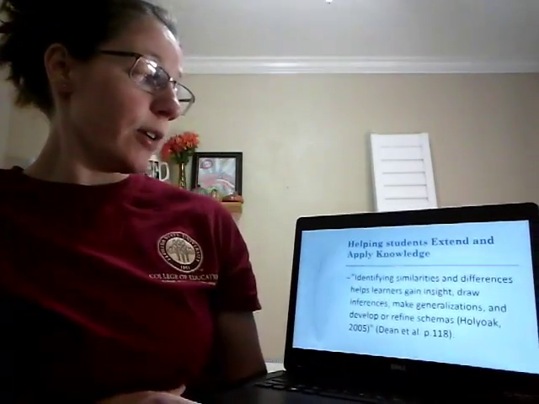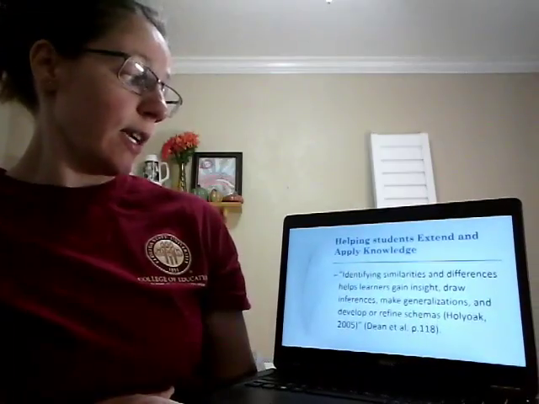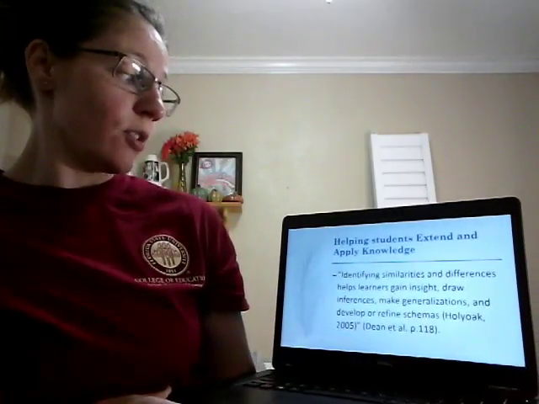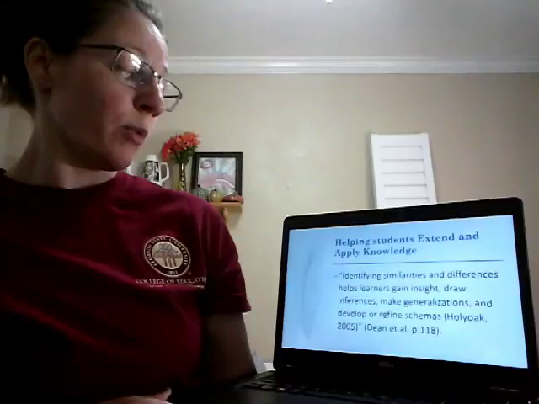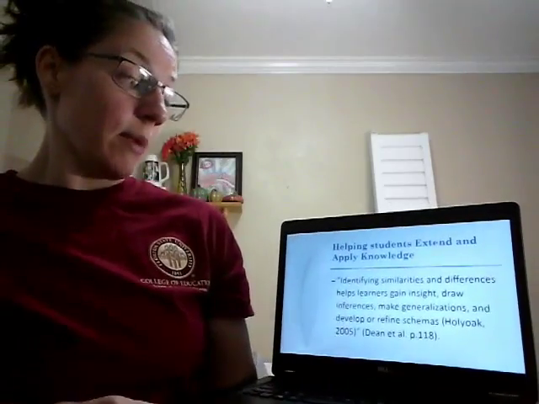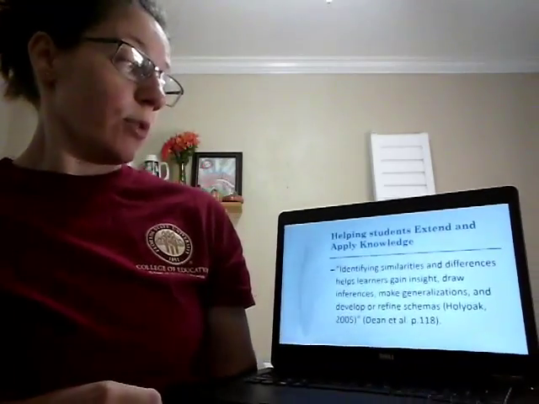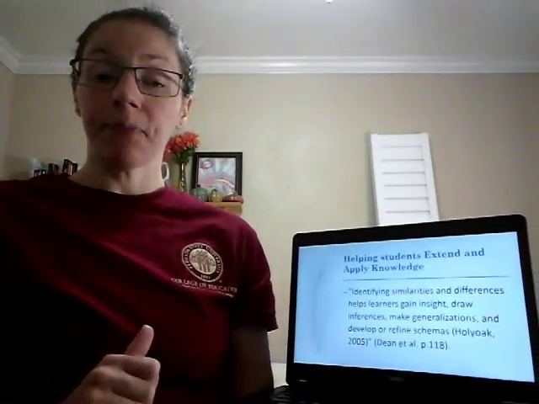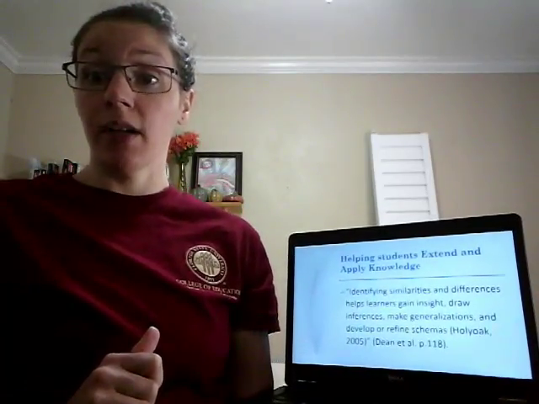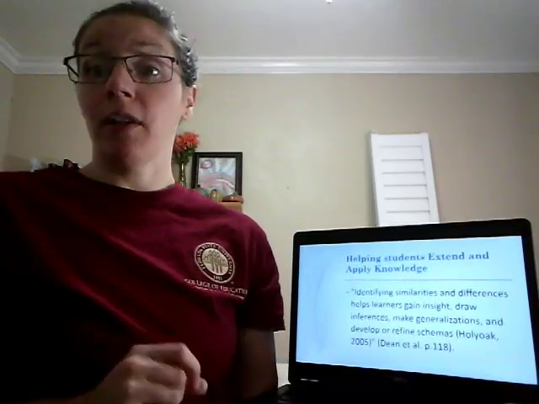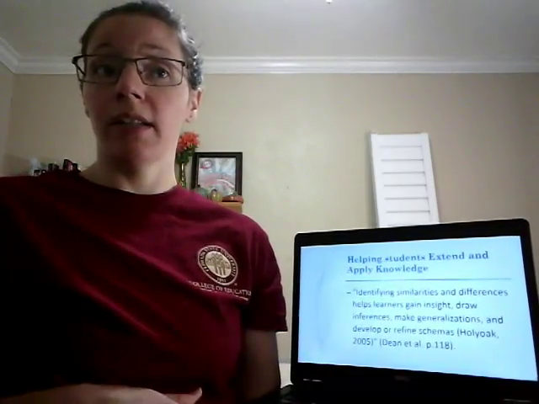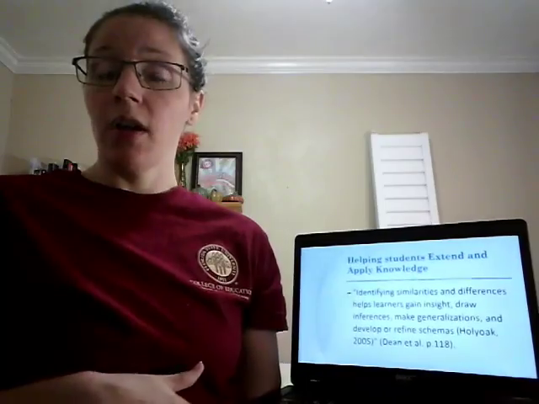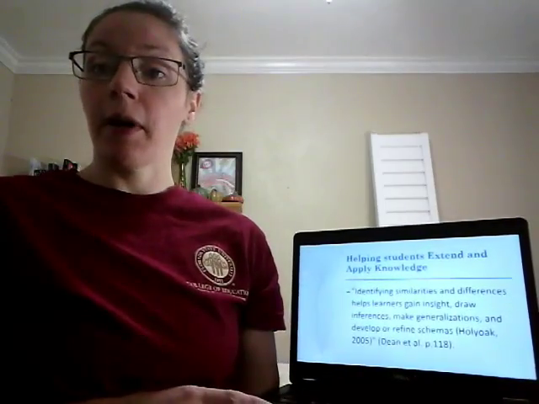So identifying similarities and differences helps learners gain insight, draw inferences, make generalizations, and develop or reframe refined schemas. So giving students an opportunity to make those connections between Tan's piece that I mentioned earlier, Mother Tongue, to the Declaration of Independence and what it is to be free and have free speech as one of the amendments that we talk about.